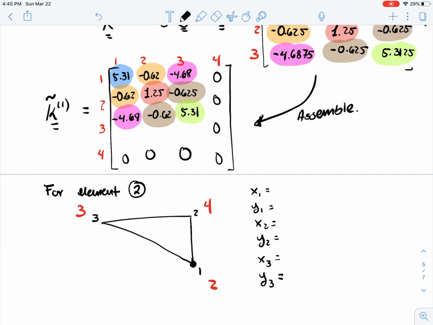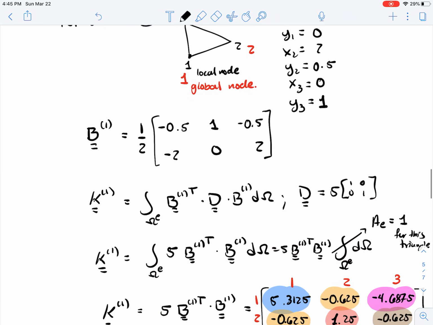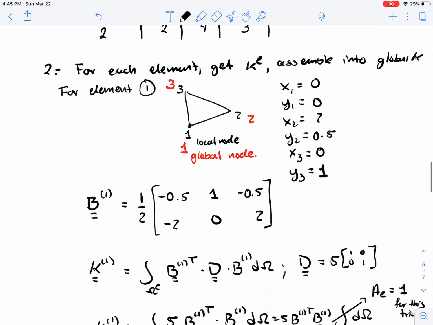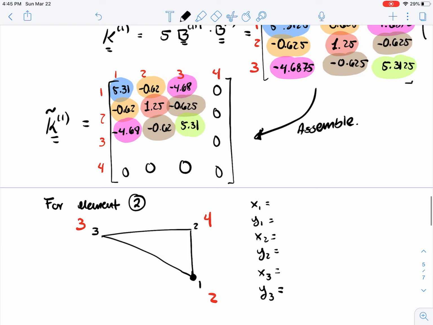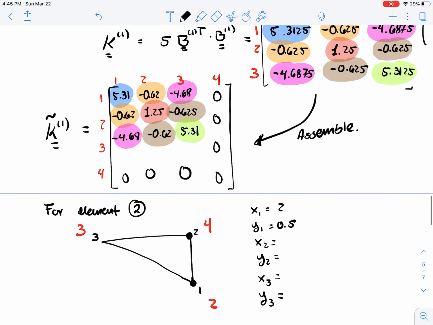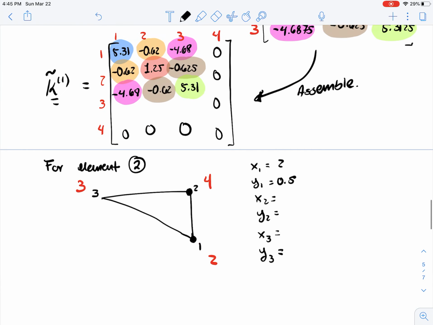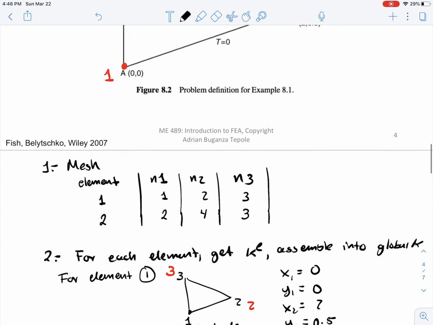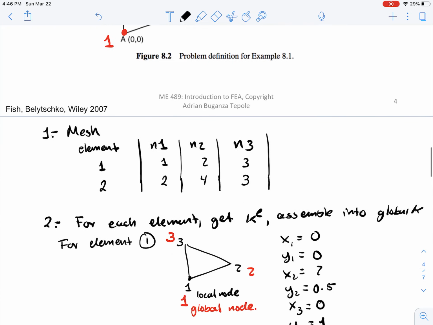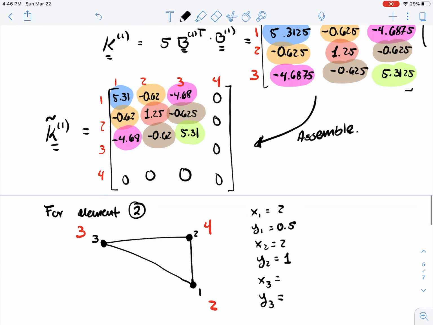The first node has coordinates 2, 0.5. The second node, the top corner, has coordinates 2, 1. And the third node has coordinates 0, 1.